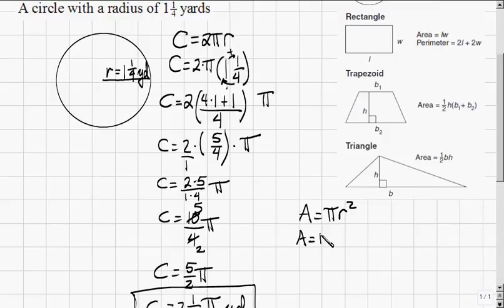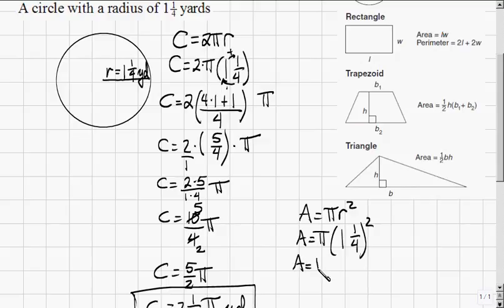So a equals pi times 1 1/4 squared. Now, to simplify this, 1 1/4 squared means that we're about to multiply 1 1/4 multiplied by itself. Again, the best way to multiply is to convert this first to an improper fraction. And since we've already converted 1 1/4 to an improper fraction of 5/4, let's use our previous results.